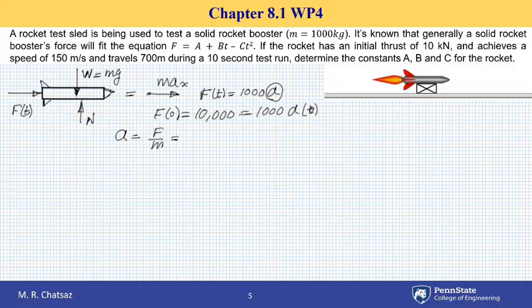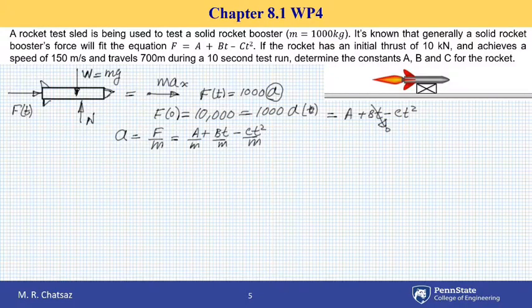So the force function was A plus Bt minus Ct squared, but I'm dividing both sides by m, so I actually have m in the denominator for every term on the right side as well. So note that from the first equation that I wrote, if I plug in time t equal to 0, this is the original equation. So let's write it down.